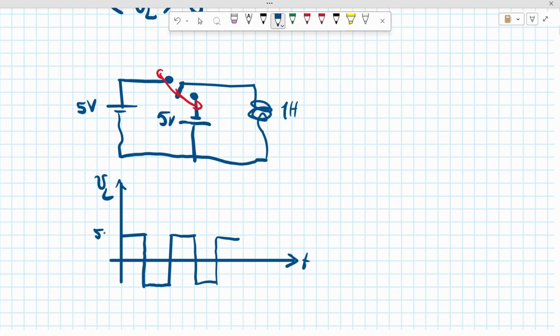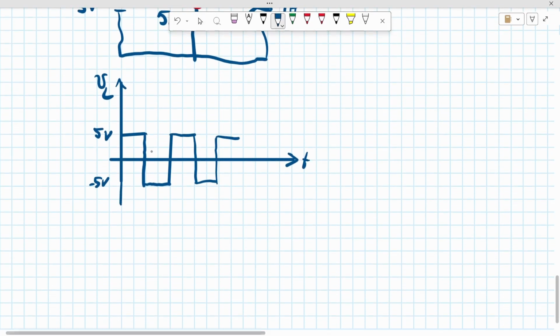So this is 5, this is negative 5. So here the average voltage is 0, which means that the inductor current would look like this.